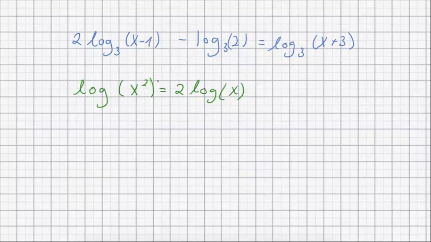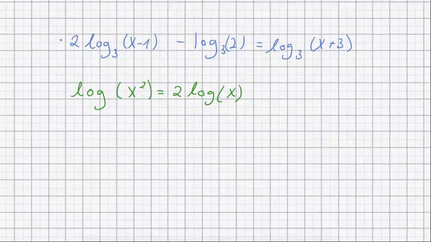Okay. So in our case, we'll look at this part. And we can look at it the other way around, from here to here. So if I have the 2 here, I can just put it on here and get rid of it from there.